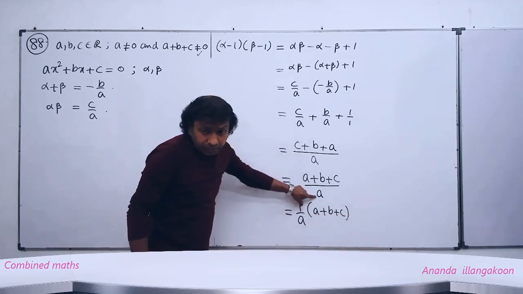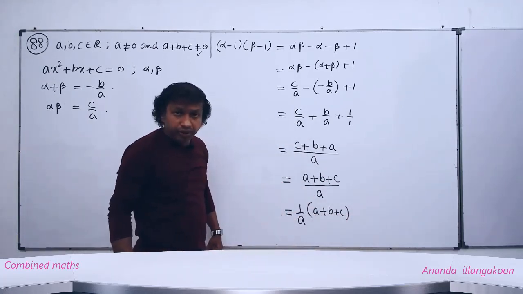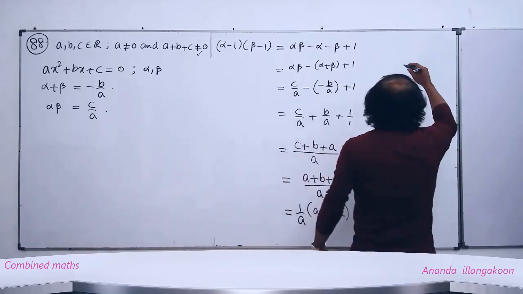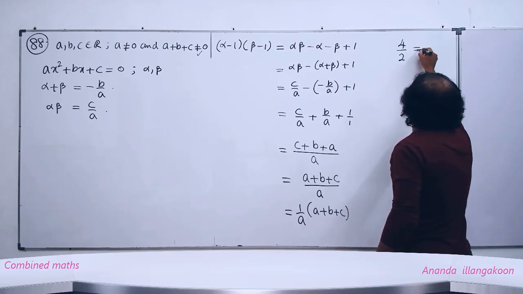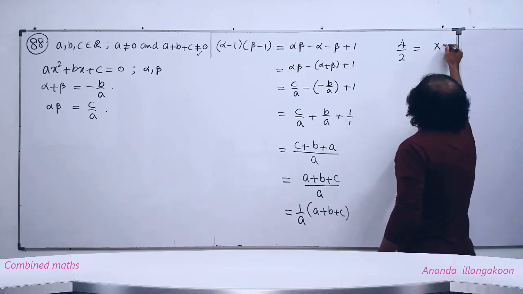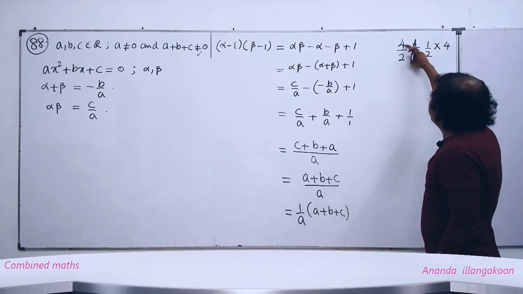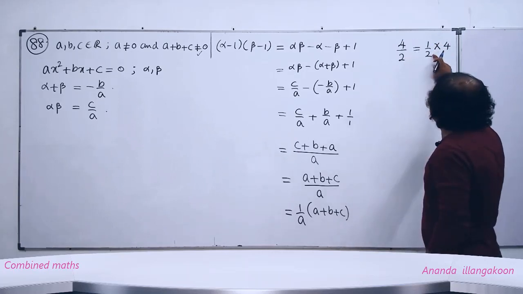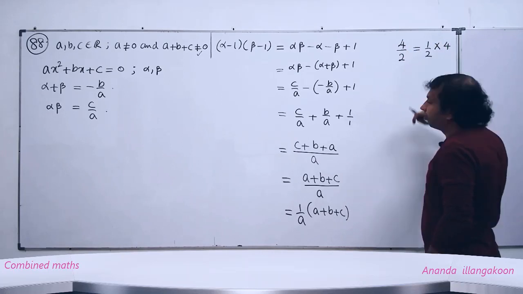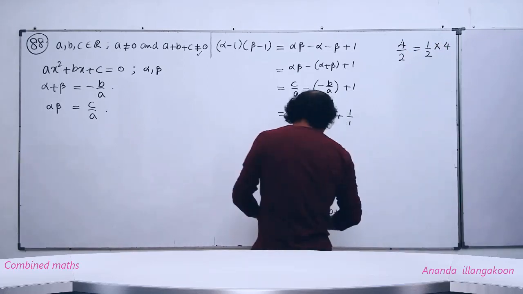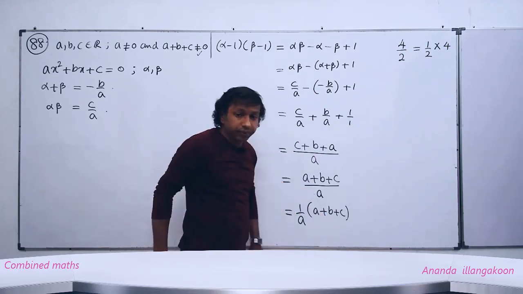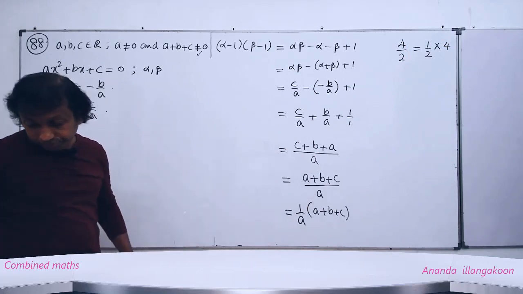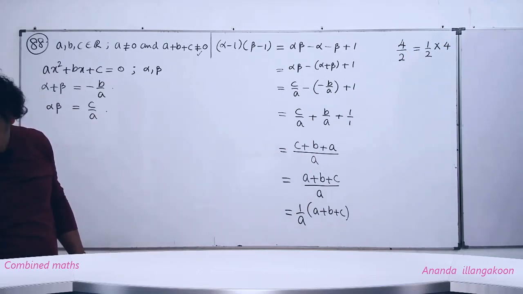Dividing by a means multiplying by 1 upon a. 4 divided by 2 is the same as multiplying 4 by half. That's the answer we got.